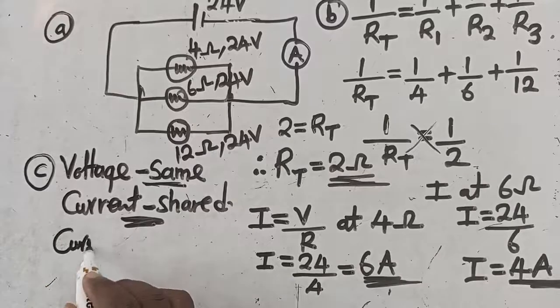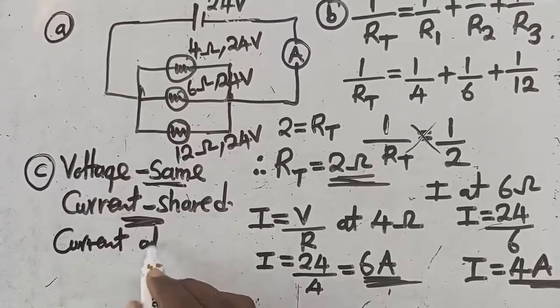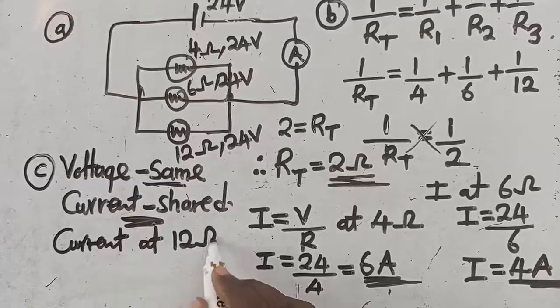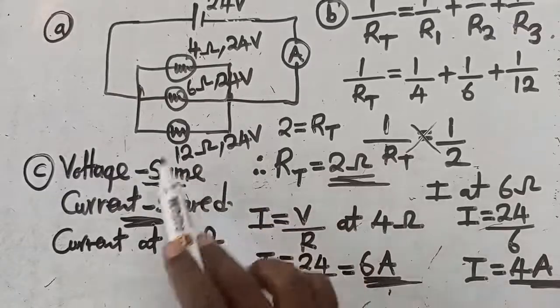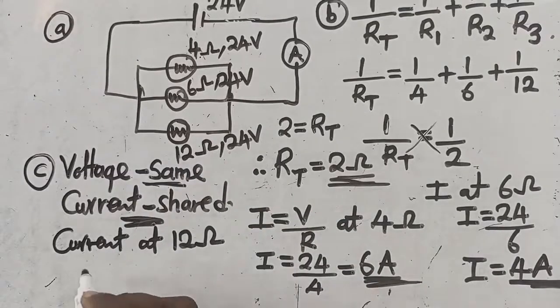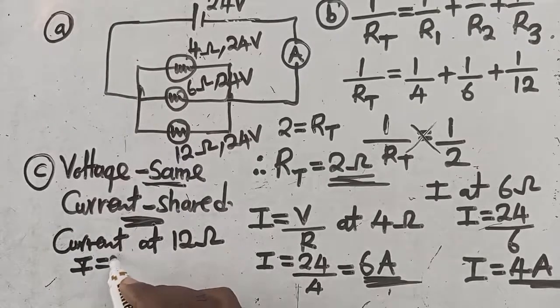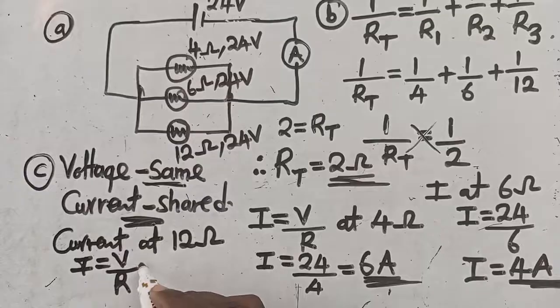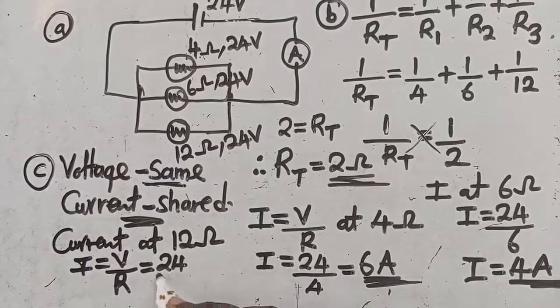So I now find the current at 12 ohm, that 12 ohm resistor there. Same formula, current is equal to voltage over resistance. Voltage, that is 24. Resistance, that is 12.